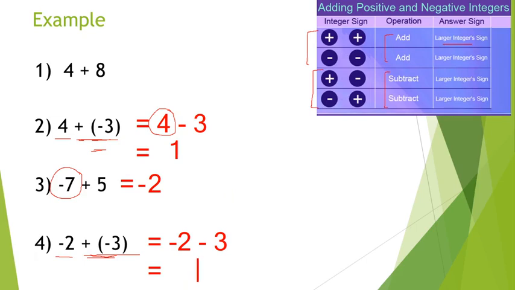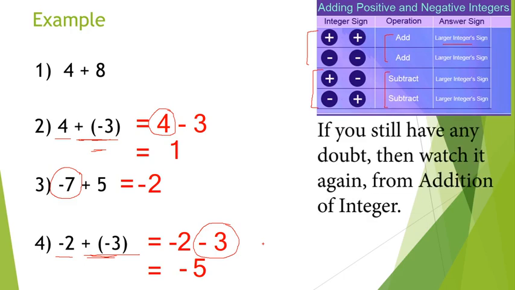So if we add 3 and 2, it will be 5. And the sign will be decided by the larger integer. Here 3 is the larger integer and its sign is minus. So I have to write negative 5. That's it. When you solve more and more questions, it will be more clear to you.